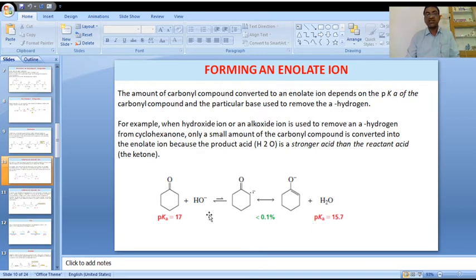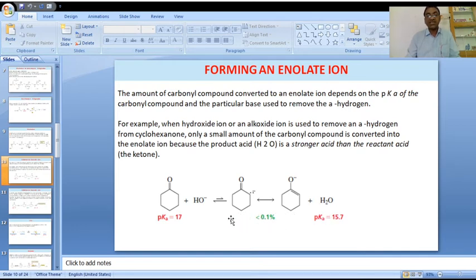It is a lower value than the reactant, so the product's acidic nature is more. In that case, product formation, meaning enolate ion formation, is very difficult. To produce enolate ion is very difficult.